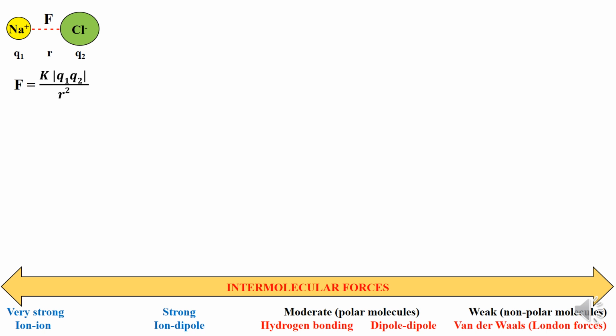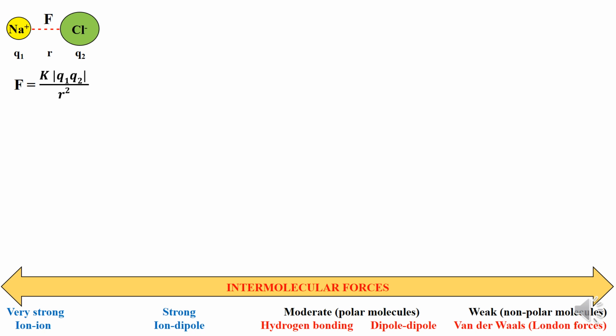Where F is the electrostatic force of attraction between the oppositely charged ions, K is the Coulomb's constant, Q1 is the magnitude of charge of positive ion, Q2 is the magnitude of charge of negative ion, R is the distance between the center of the two ions.